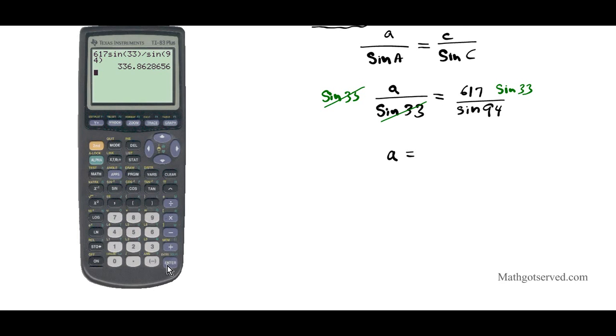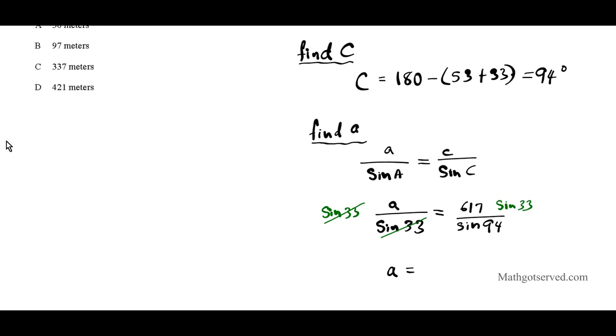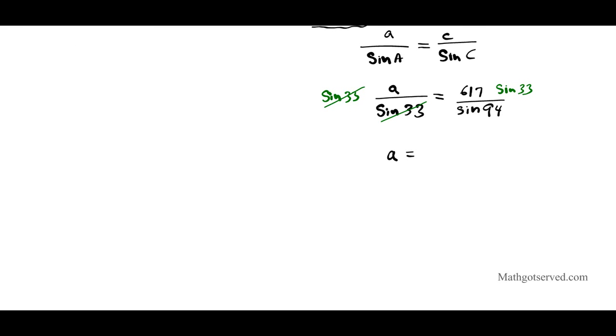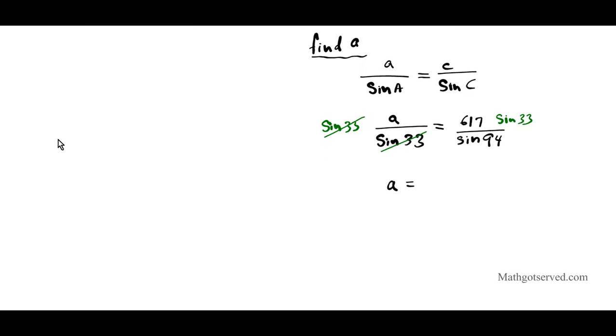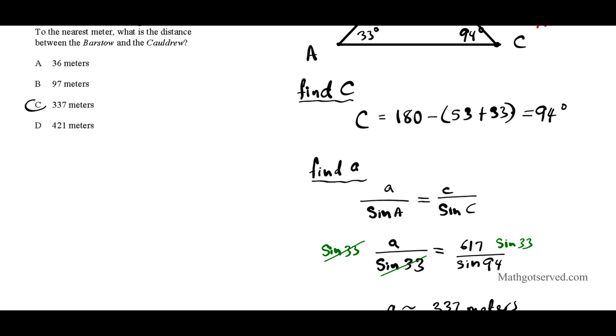The answer is 336.86. We have to round it to the nearest whole number, so if we round it up, it's going to be 337 meters. So a, the distance between Barstow and Cauldron, is approximately 337 meters. Our correct answer for this is option letter C.